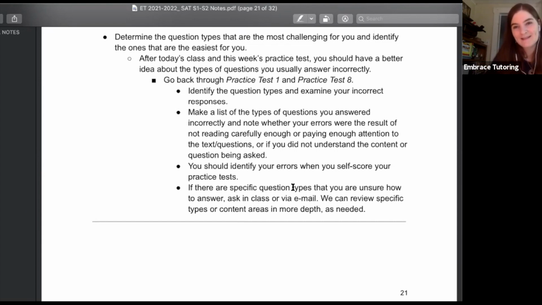But this is a tried and true method to help you tackle the questions in order of difficulty. So you want to go progressively, always from easiest to hardest.